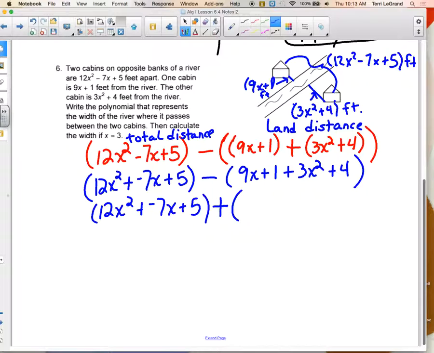So 9x is going to become negative 9x. Plus 1 is going to become negative 1. Plus 3x squared is going to become negative 3x squared. Plus positive 4 is going to become negative 4. To get that subtraction to change to addition, every piece had to change to its opposite.